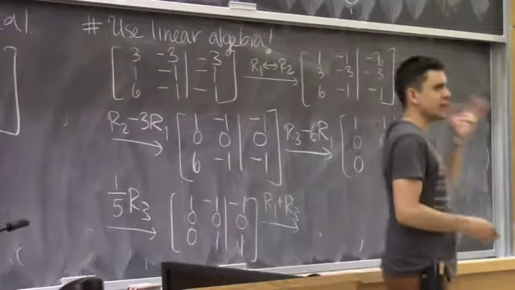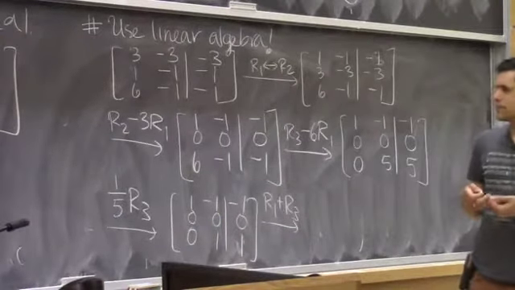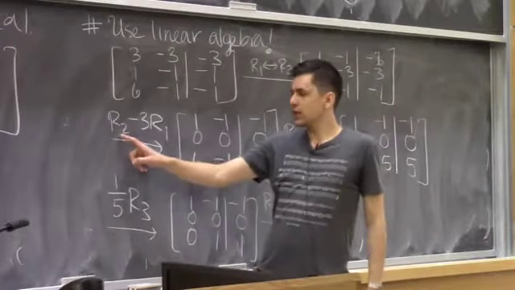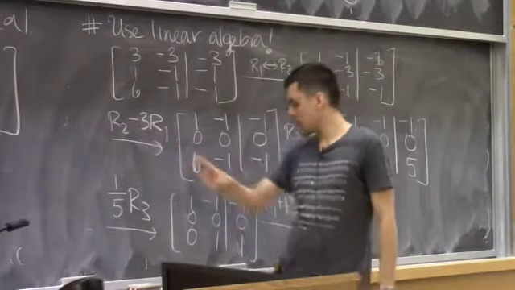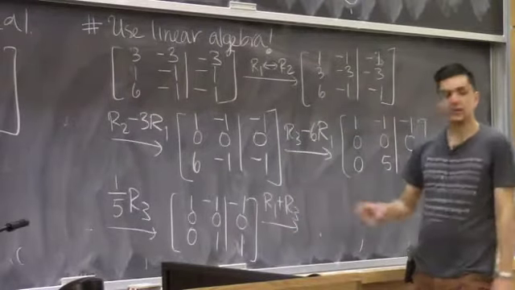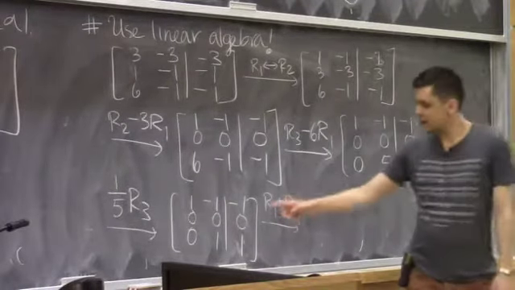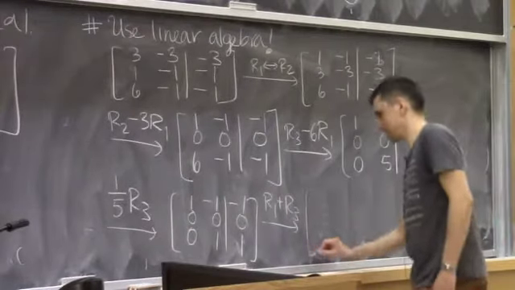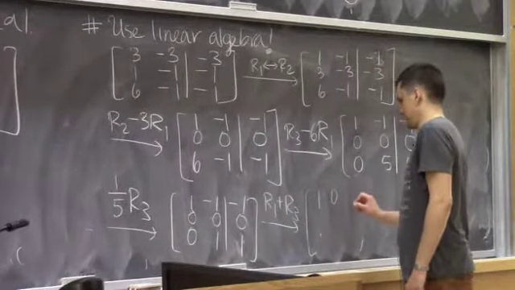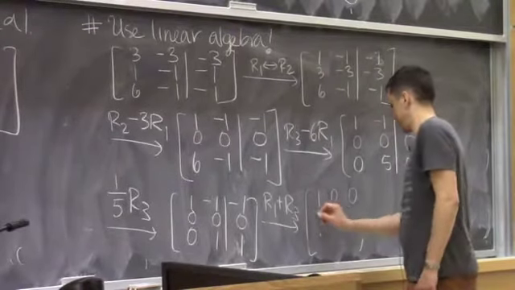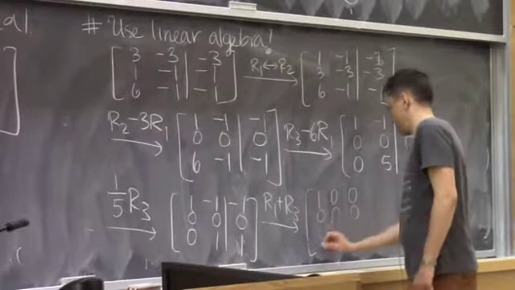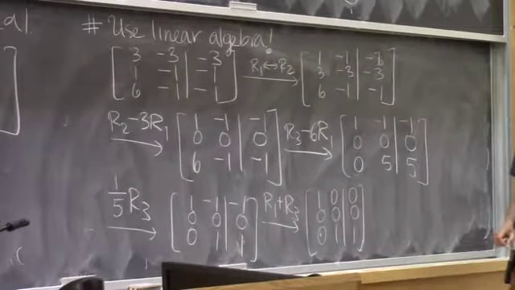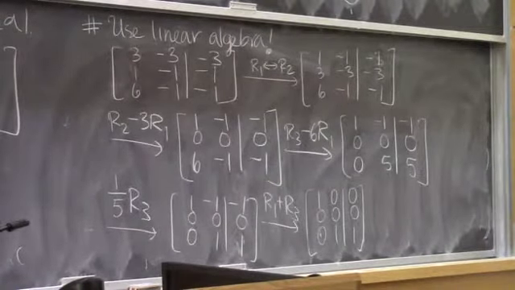Oh, just one thing I should say about this notation. The row getting acted on always comes first. So row 2 minus 3 copies of row 1, row 1 plus a copy. The row receiving the action always comes first. Very good.